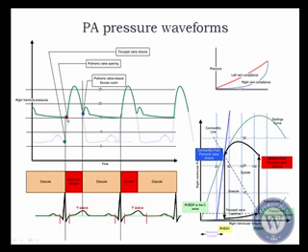The red point is to show you where the pulmonic valve actually opens. That would be an indication of the end of the isovolumetric contraction phase. So this red point here correlates to this red point here, which is the pulmonic valve opening.